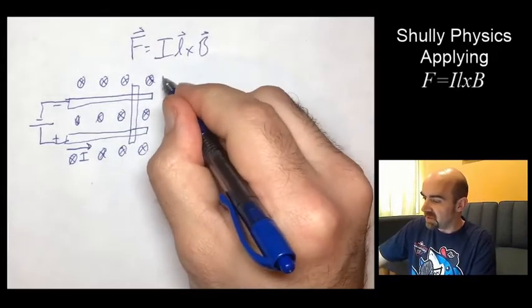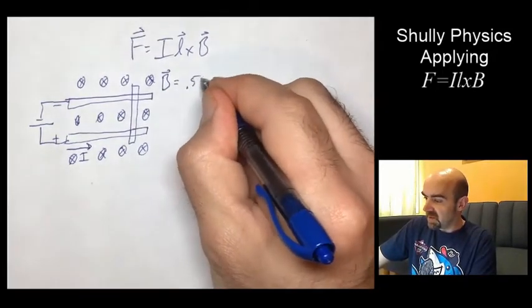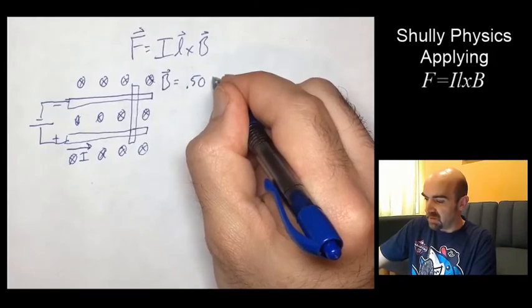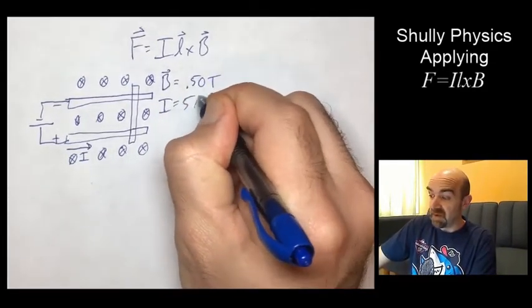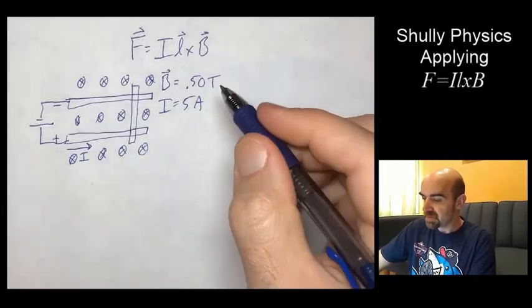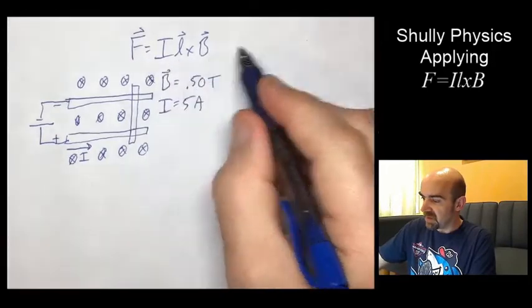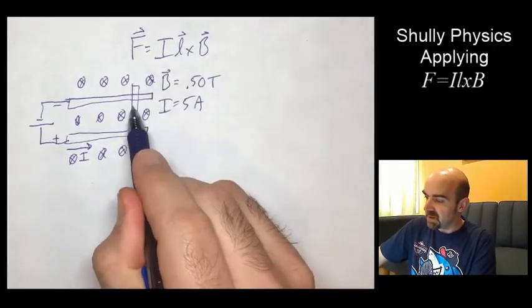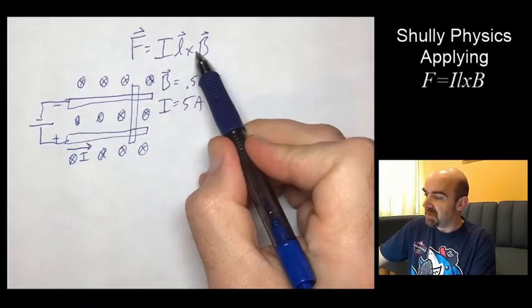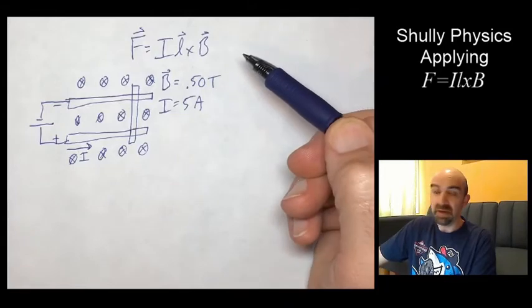So I'm going to give some value to the magnetic field. So here's the magnetic field magnitude or intensity. The current I'm going to define as 5 amperes. Okay, and therefore, when we take F equals IL cross B, let's first consider that the length L across here crossed with B is going to give us a 90-degree angle.